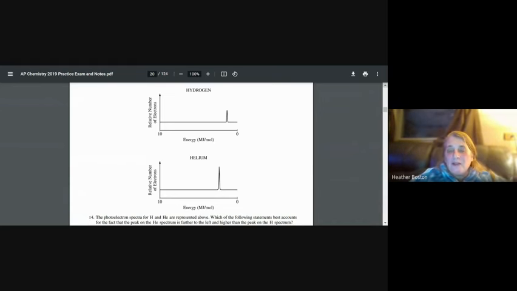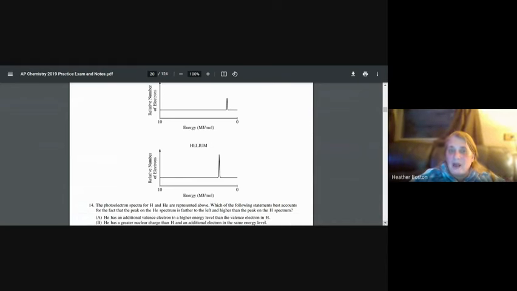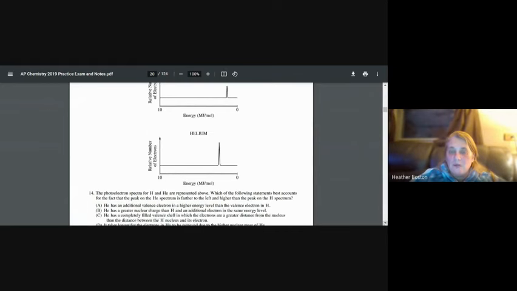The reason that the helium one is a little bit further to the left is because the binding energy comes from the number of protons or nuclear charge. Hydrogen has 1 proton in the nucleus and helium has 2 protons in the nucleus. And that's why it's shifted to the left in helium, because it's got a little bit higher binding energy.